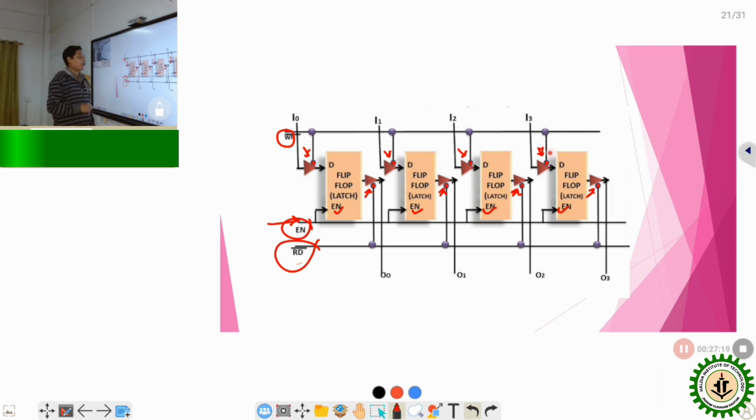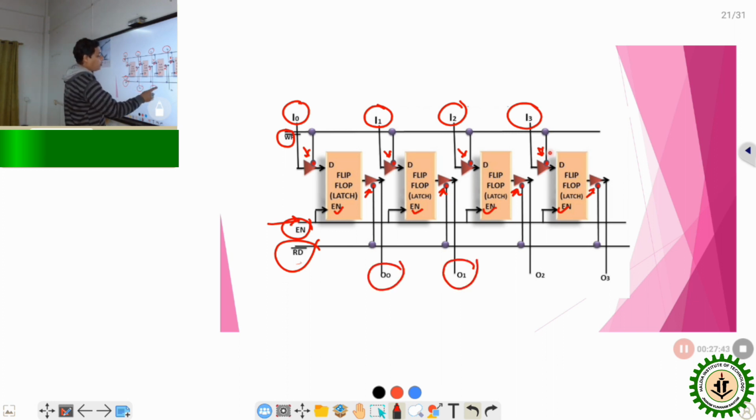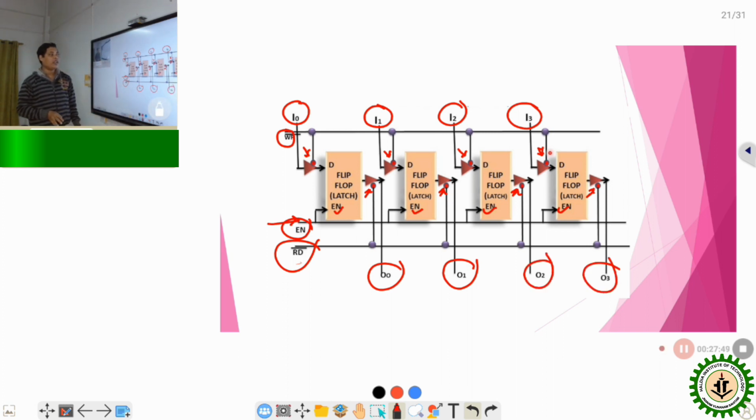Whereas the input lines of each of the D flip-flops through the tri-state buffers are individually present, in the form of I0, I1, I2 and I3, to provide the 4-bit input to the memory, whereas the outputs of the tri-state buffers are also individual, to get the separate information that is present individually in the memory element at the output.